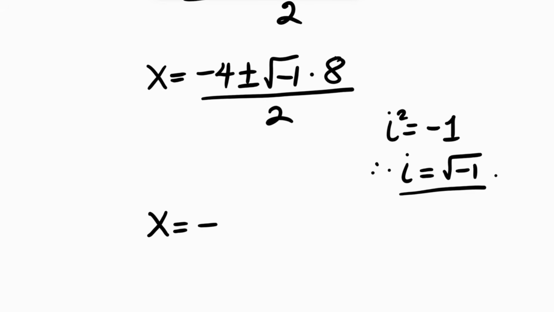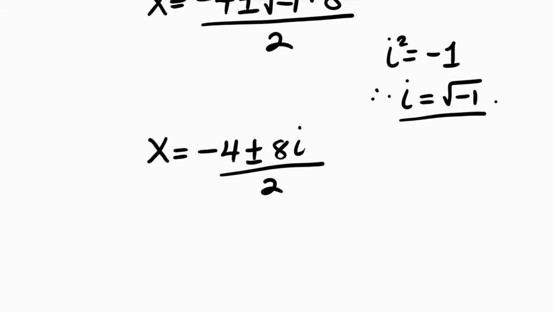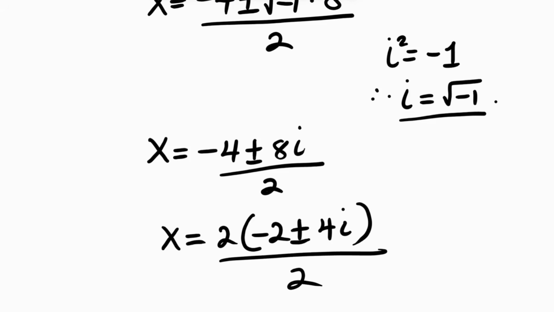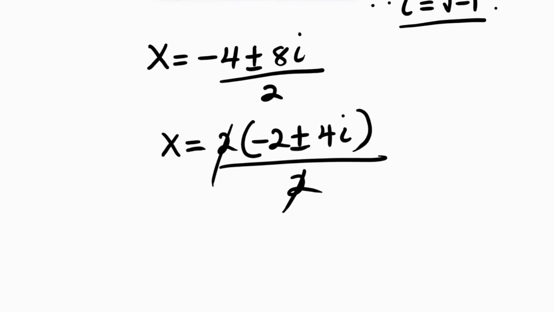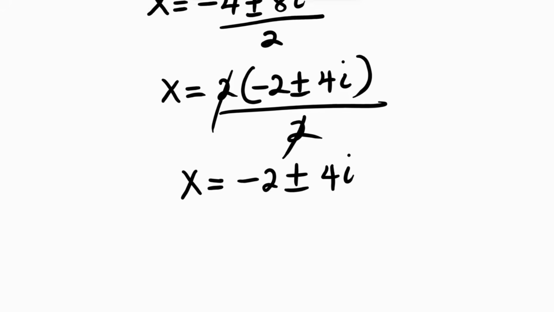So this becomes minus 4 plus or minus 8i divided by 2. And we can factor out 2. This becomes 2 times minus 2 plus or minus 4i divided by 2. And they cancel out. So our x now is equal to minus 2 plus or minus 4i.